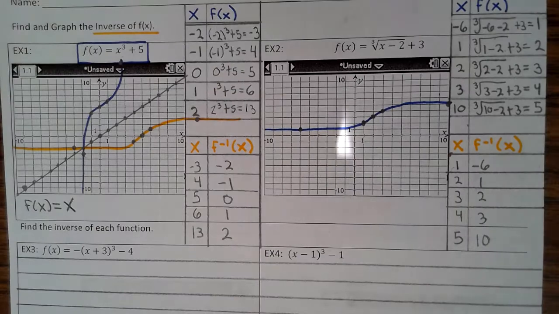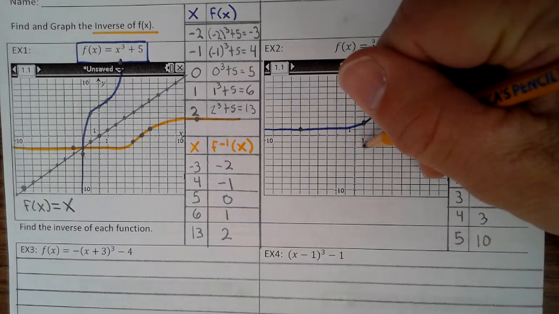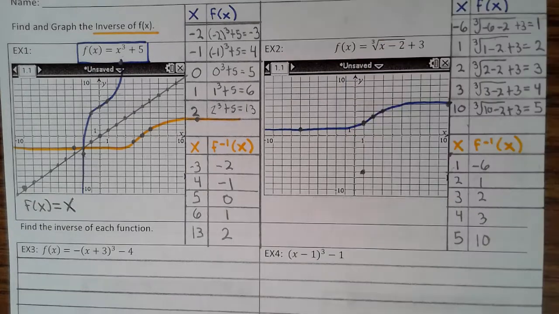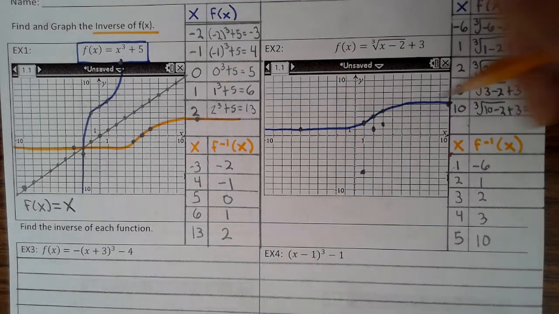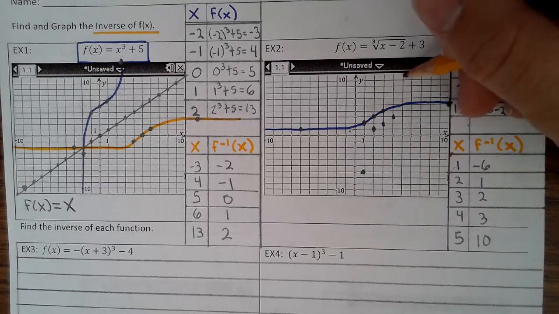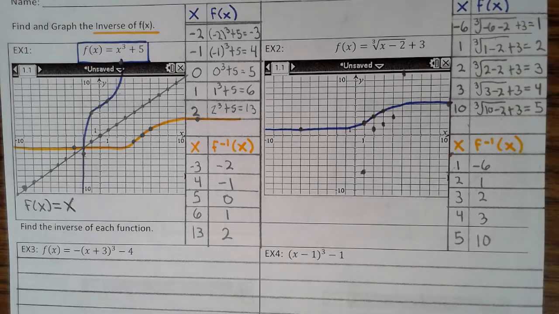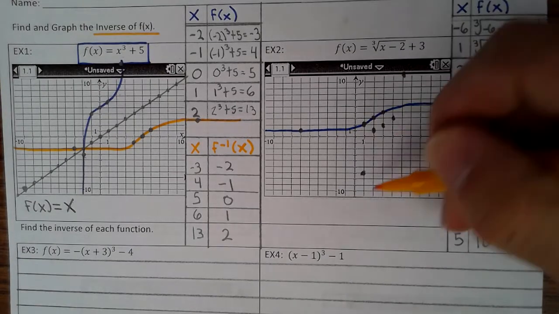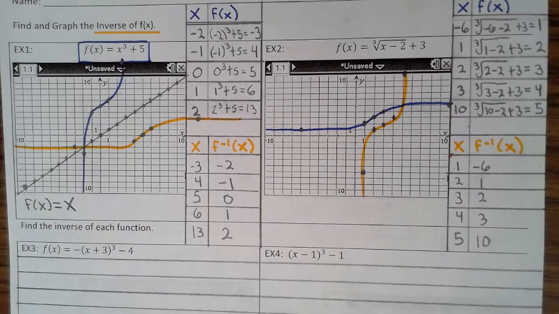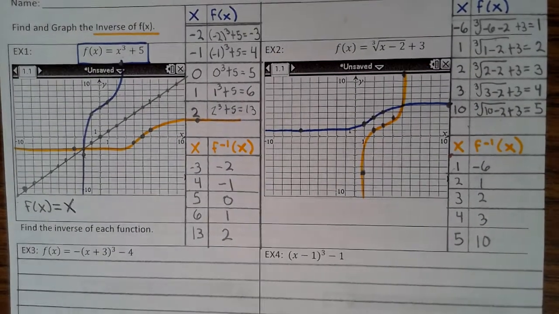All right, so 1, -6. 2, 1. 3, 2. 4, 3. And then 5, 10. Okay, and if they're inverses, they're going to reflect over the y equals x line.